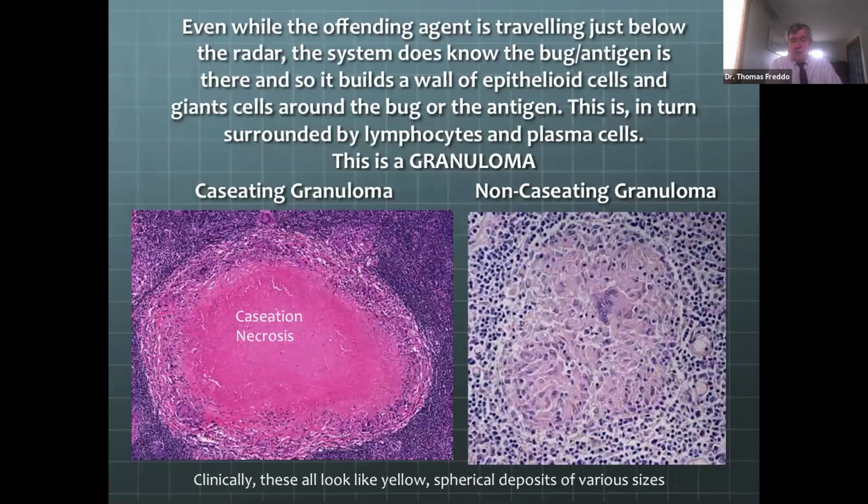And that's a non-caseating granuloma. This caseated versus non-caseated we'll come back to in a minute, because it's one of the classic things that distinguishes the granulomas of, for example, TB from the granulomas of, let's say, sarcoid. Now, clinically, these all look like yellow spherical deposits of various sizes.